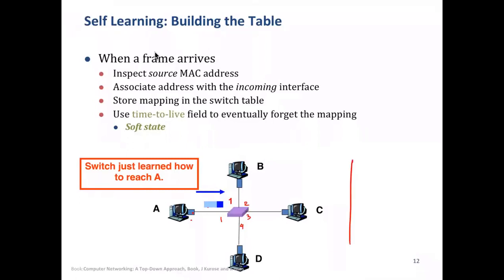So it will fill this information in the table, right? That A is at port 1. Now it doesn't know where C is, because it's just learning.